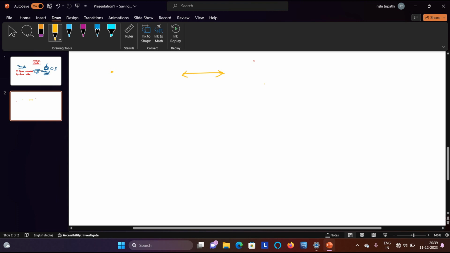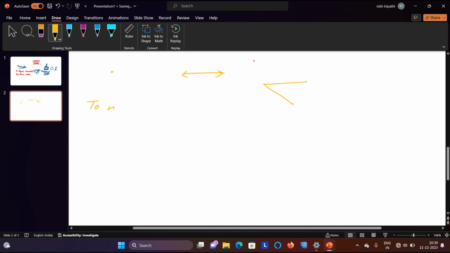If I use two lines, I can't make a figure which will be bounded. There will be a requirement of at least three sides.